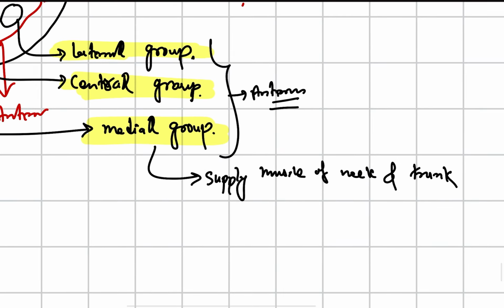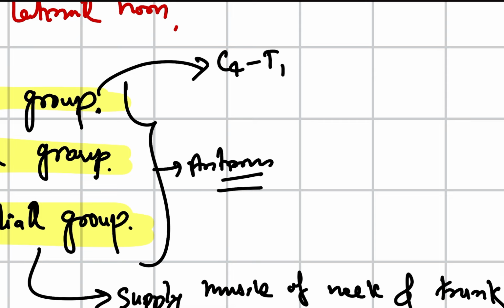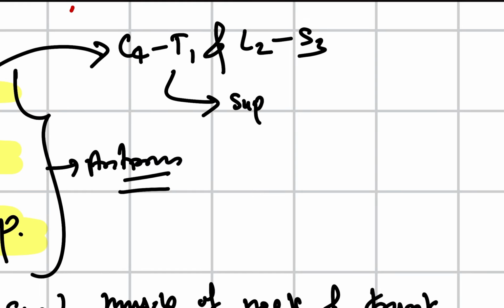After that, the lateral motor cell is for C4 to T1 and L2 to S3. Its function is to supply the muscles of the extremities.